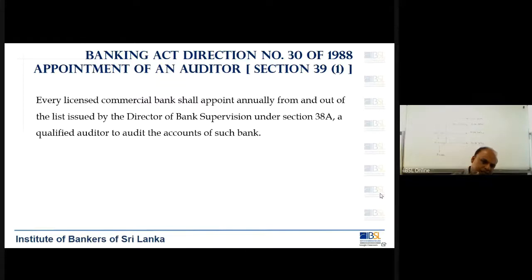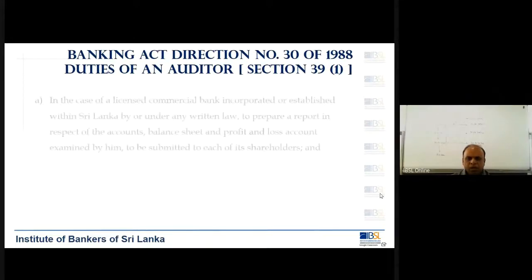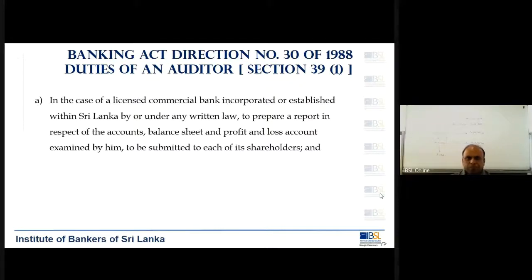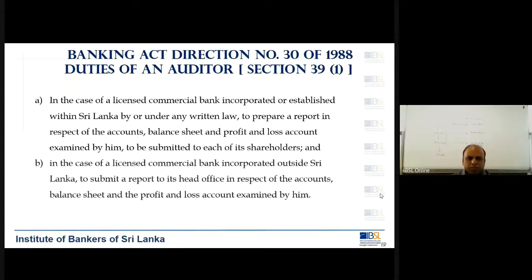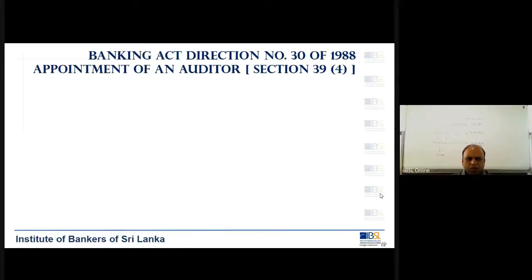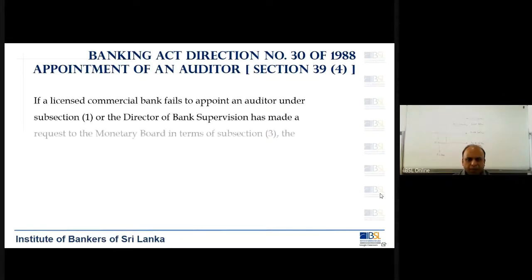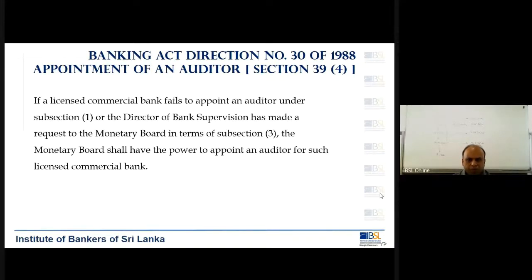Then the shareholders will have to approve the appointment of that auditor. So what are the duties of an auditor? That is what is coming next. So I'm again leaving that to you for you to read through those items.